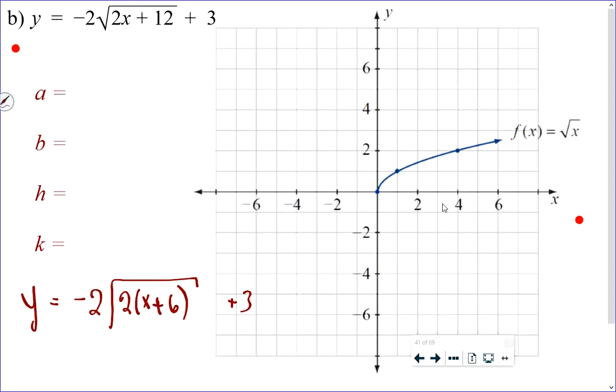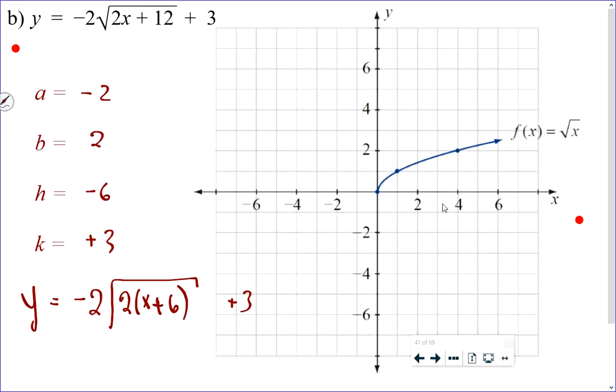That means that a is negative 2, b is 2, h is negative 6, k is positive 3. Can we agree on those numbers?